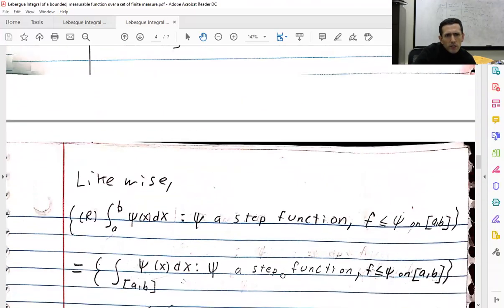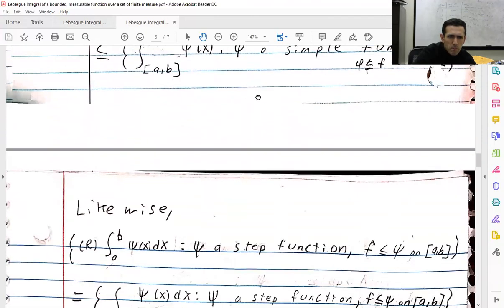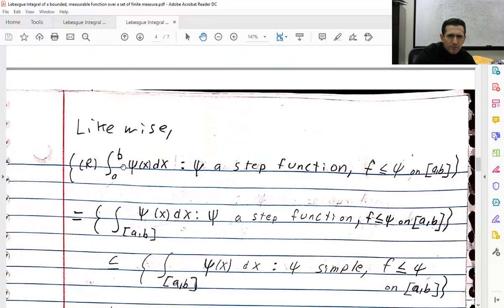So I just mentioned again that this set of real numbers is a subset of this set of real numbers, and the same thing here. This set of real numbers is a subset of this set of real numbers. I explained a moment ago why that's true. So let's put these facts to good use to basically finish the proof.